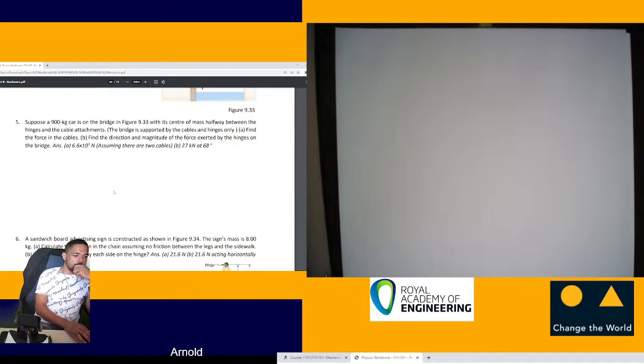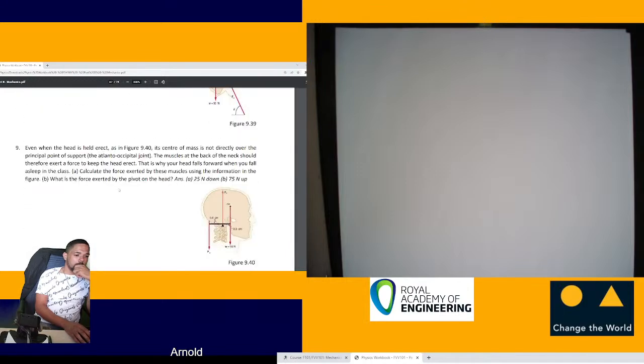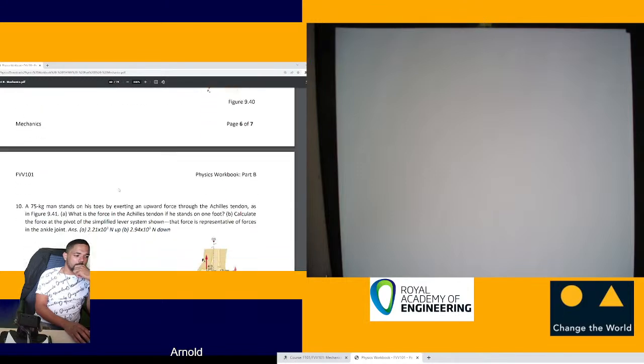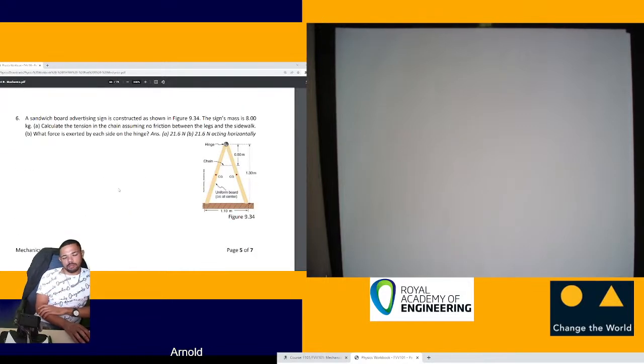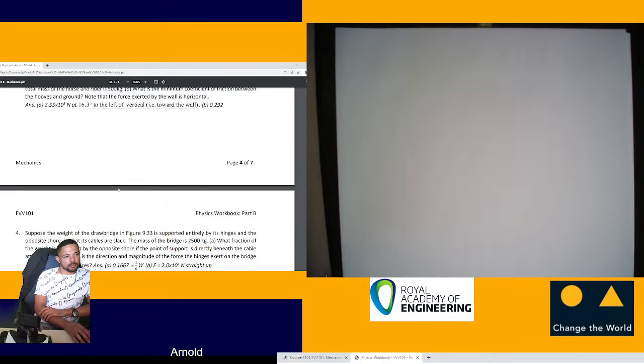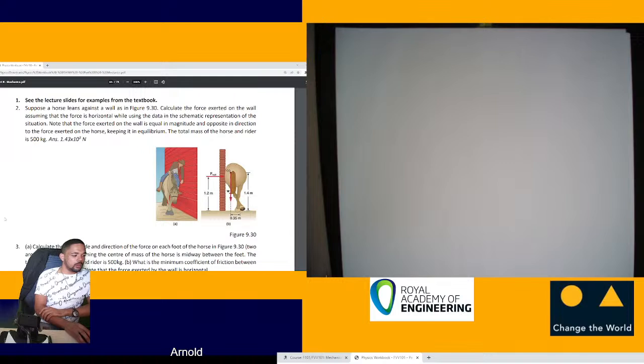We'll be done with equilibrium problems there, because we need to move to the PHYV section. We've done a lot of torque, so now we just need to do some equilibrium problems. We'll do this one equilibrium problem.